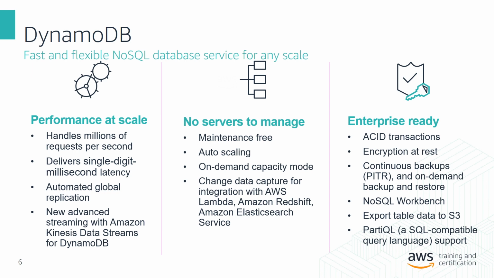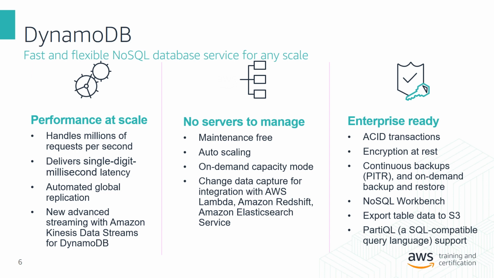NoSQL databases scale horizontally by increasing servers. And that's very important because you will see that it allows this kind of service to provide a level of performance that is just impossible to reach with traditional relational database services.